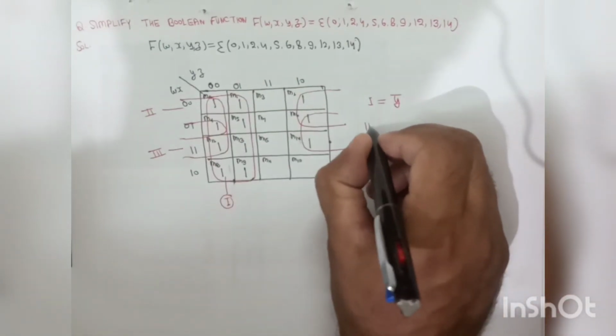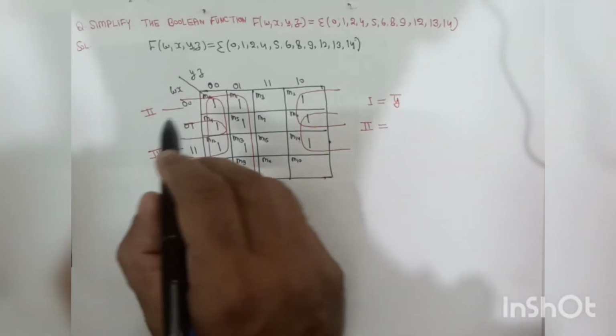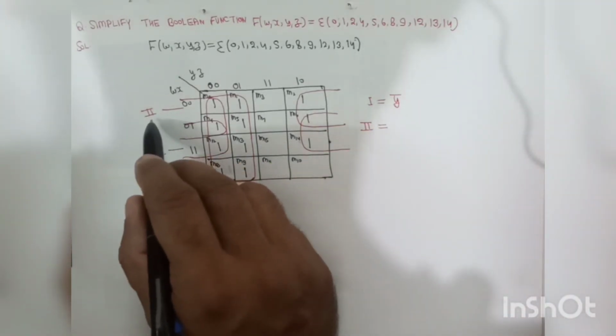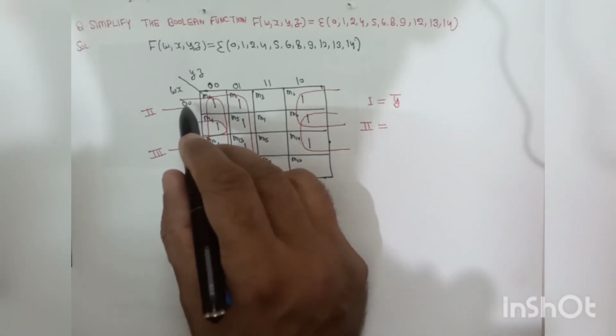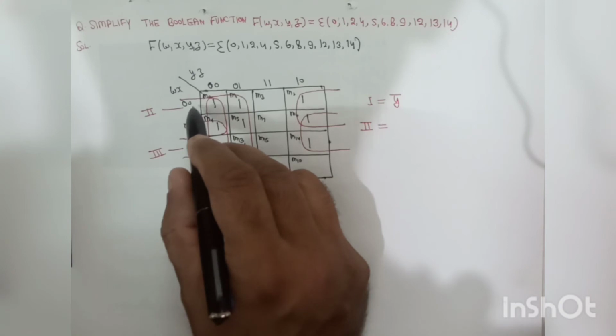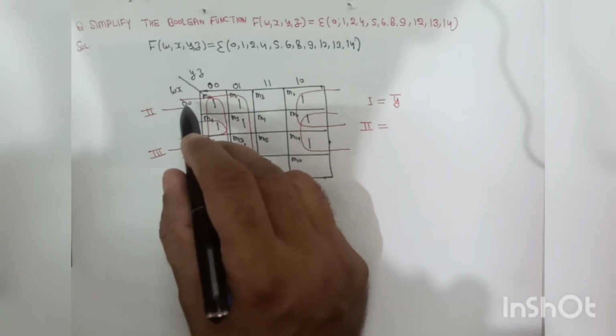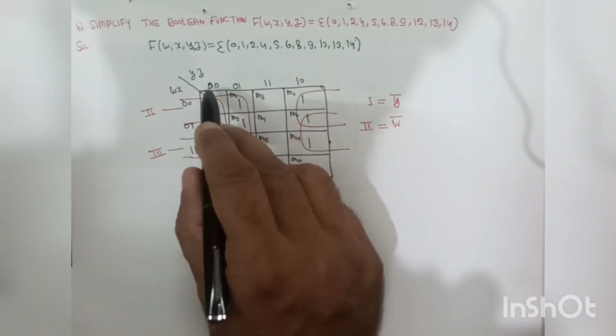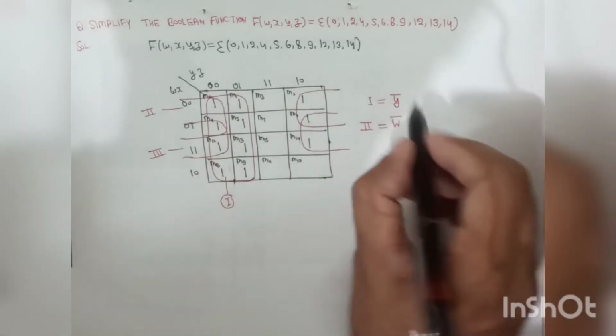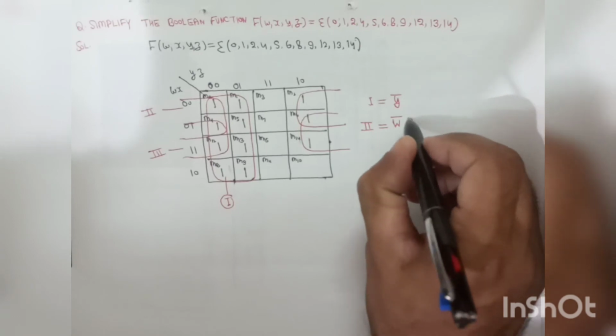And for the quad that we have named 2, the variable w bar is constant and x changes from 0 to 1. So we write w bar. Y changes from 0 to 1, and z bar is constant, so y will be ignored and we write z bar.